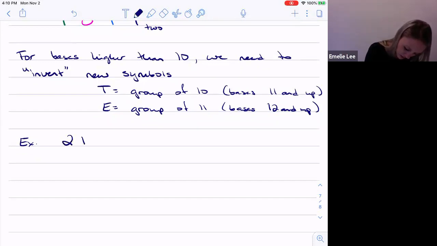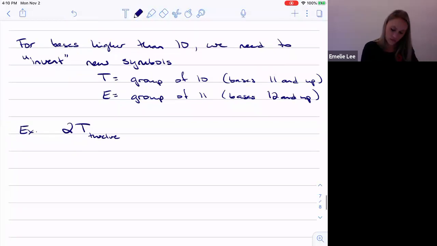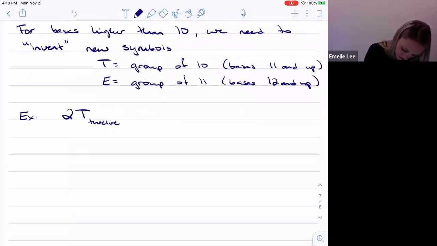So if I write 2 capital T base 12, what does that mean? Well, it means I have 2 blocks of 12. Am I really going to do it? Yeah, I guess. 1, 2, 3, 4, 5, 6, 7, 8, 9, 10, 11, 12.